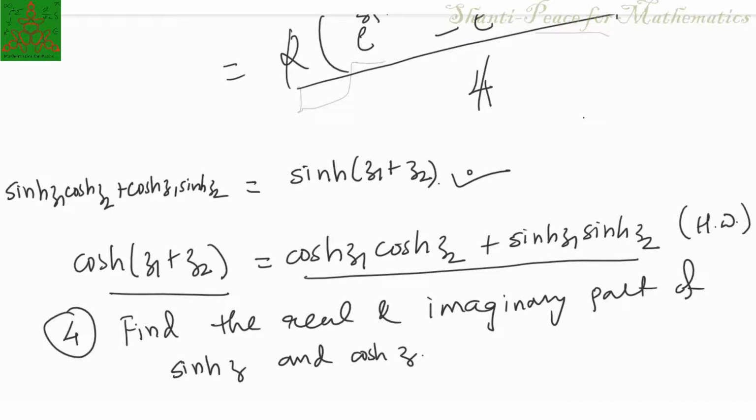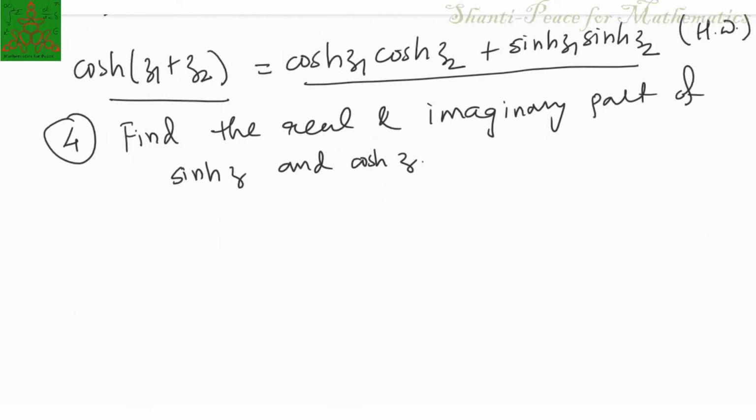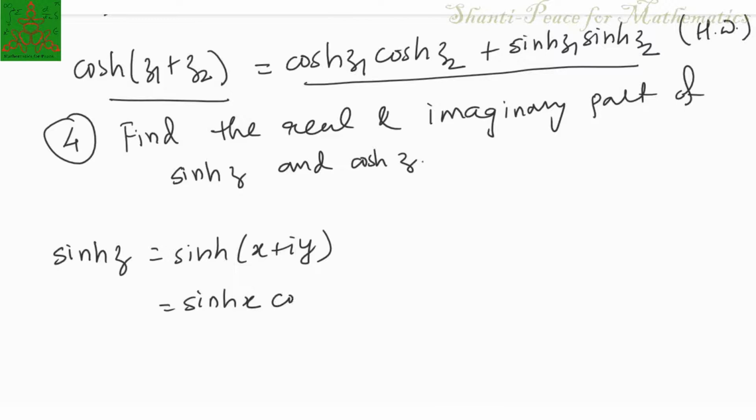Using this identity we can write sine hyperbolic of z as sine hyperbolic of x plus iy, which can be written as sine hyperbolic of x cos hyperbolic of iy plus cos hyperbolic of x sine hyperbolic of iy.